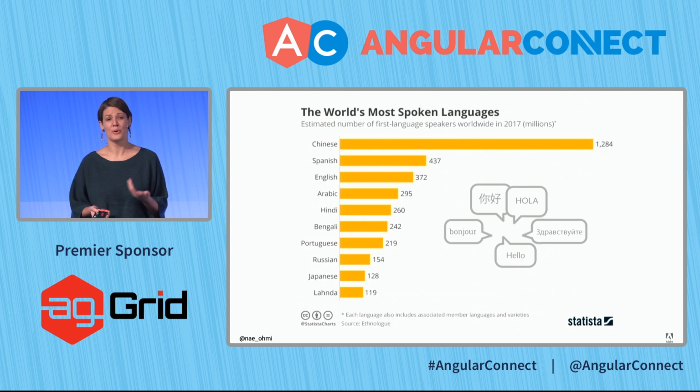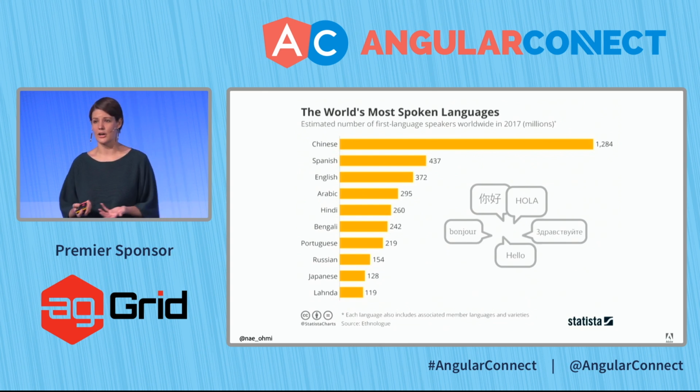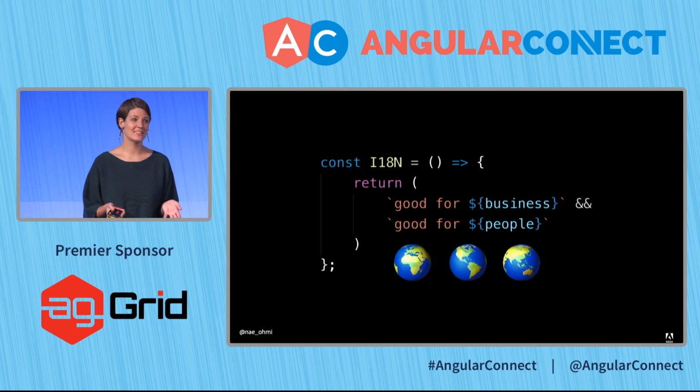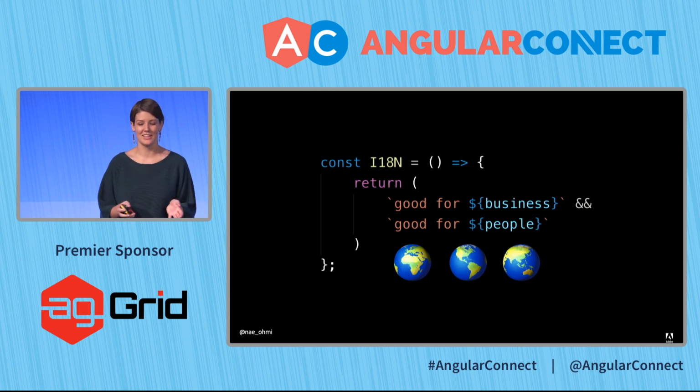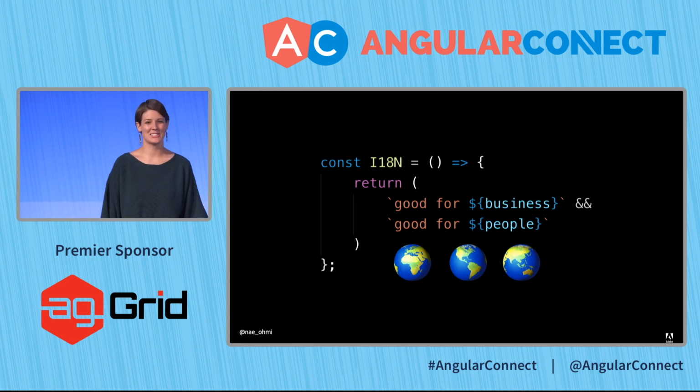And from a people perspective, I think it's really useful to allow our users to navigate our apps in their native mother tongues. So ultimately, I think internationalization is good for business, it's good for people, and it's good for the world. So let's talk about how we actually do that.